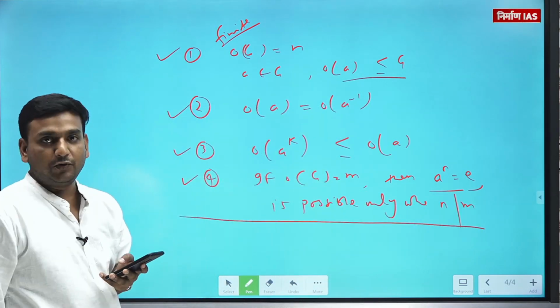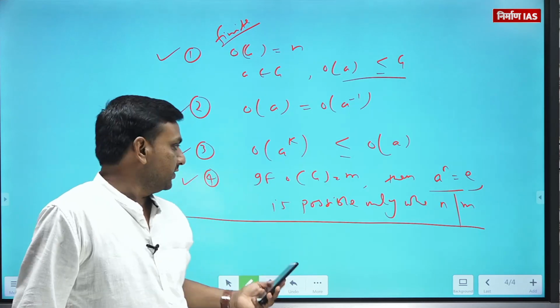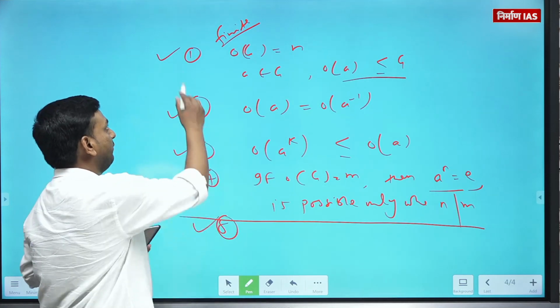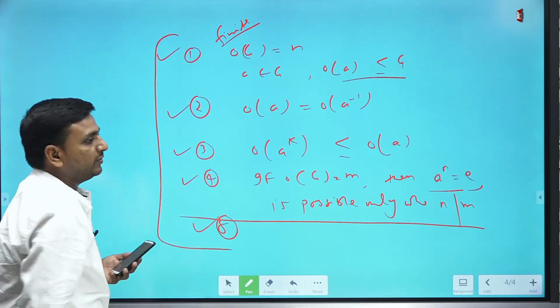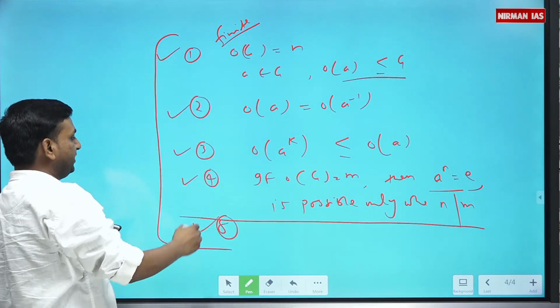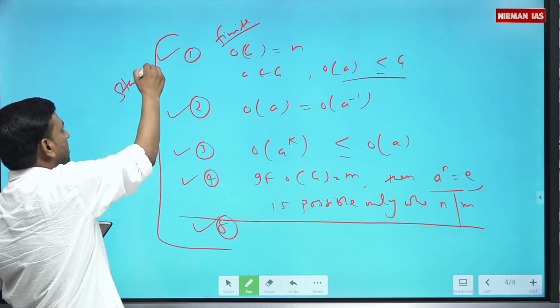People who were confused just before when I used this statement in the example can use this result. They are not going to ask you the proof, but these statements you need to remember always.